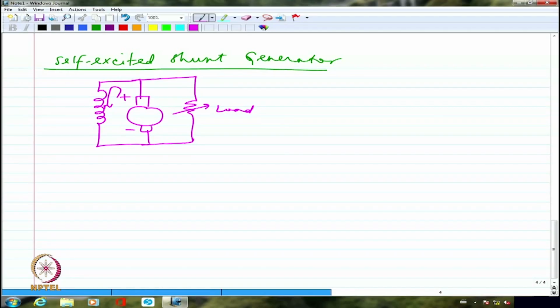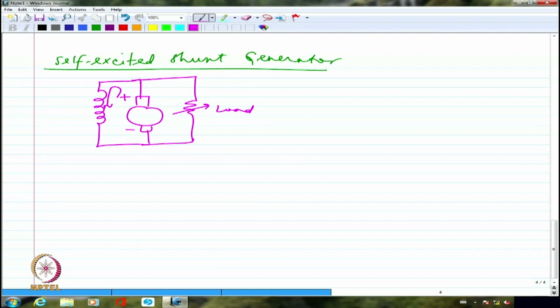Let's assume that this current is going to create a flux which will aid the original residual flux. So the flux will increase. More voltage, more current, more flux, more voltage, more current, more flux. It will simply build up further and further. It should have hit infinity, but saturation comes into effect.